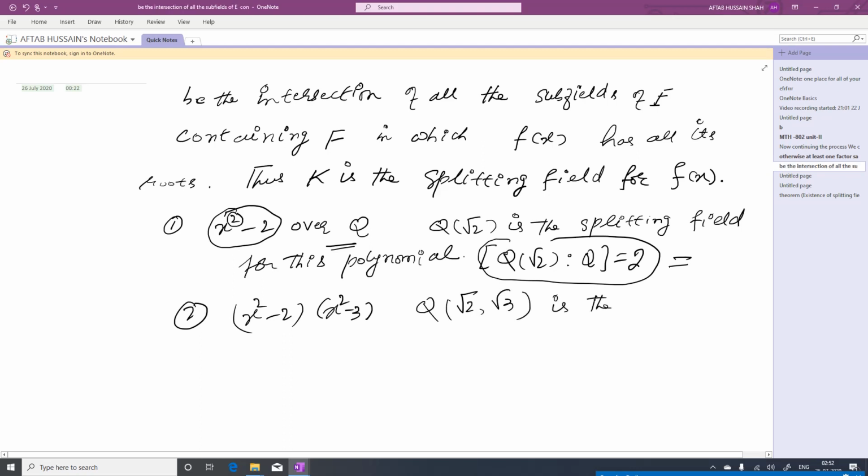Again, the degree of extension of this Q(root 2, root 3) over Q, we know that it is 4. And again, this would be the degree of this polynomial.